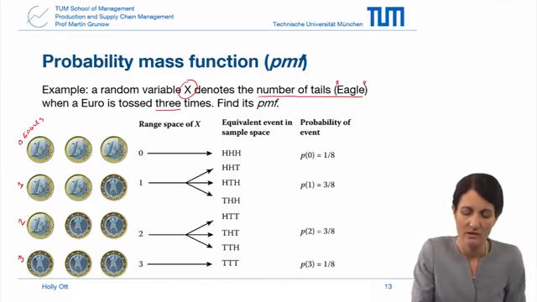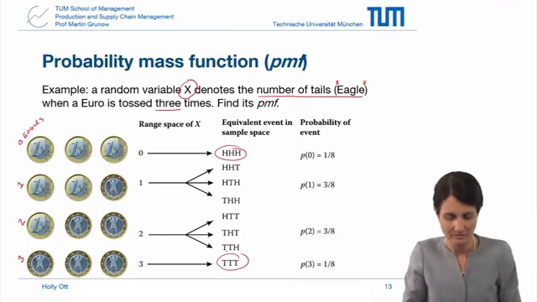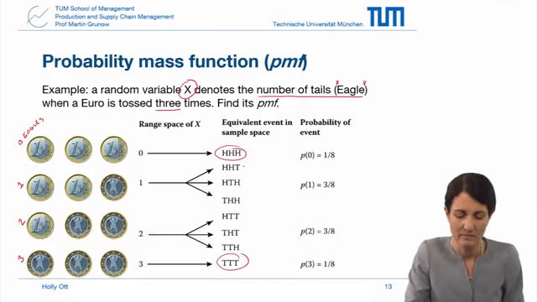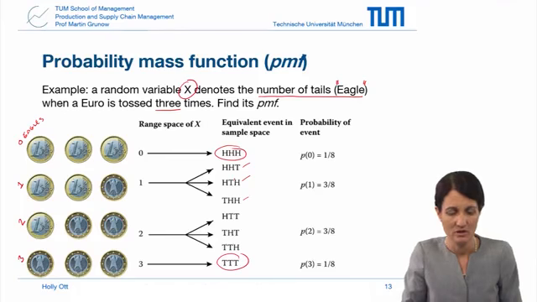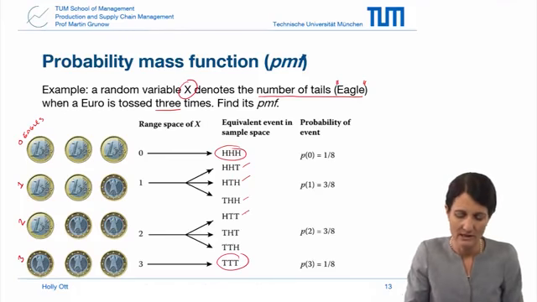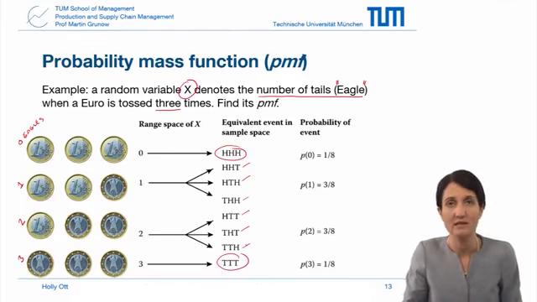We can either toss all heads or all tails, or we can toss first time 2 heads and a tail, then heads, tail, heads, tail, heads, heads. In this case, we have just 1 eagle, or heads, tails, tails, tails, heads, tails, tails, heads, heads, and then we have 2 eagles.